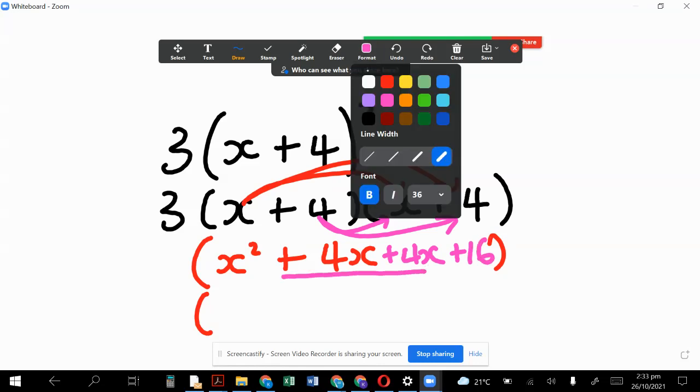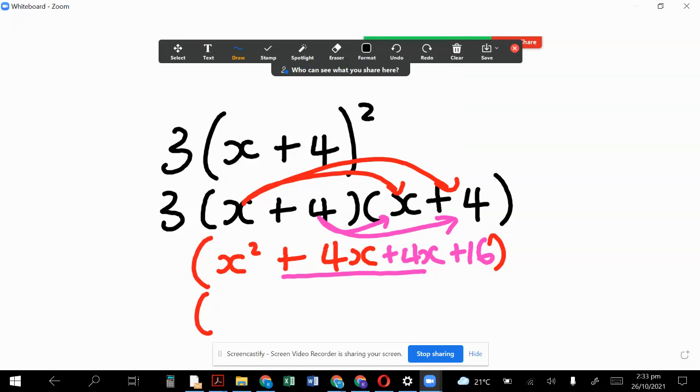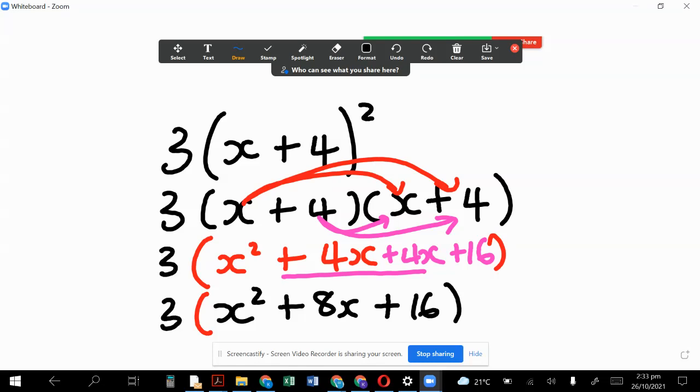These two are like terms. So I end up with x squared plus 8x plus 16. And I can't add x with x squared or with 16. So we would leave it there. But we have the 3 on the outside still. Just keep bringing down the 3.